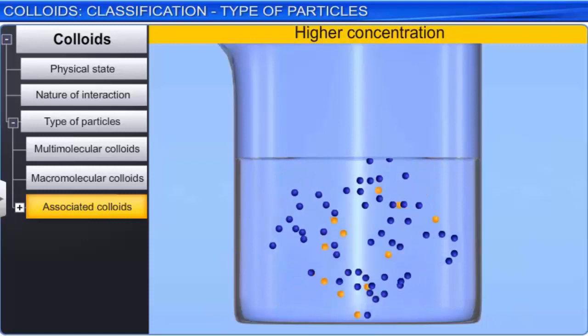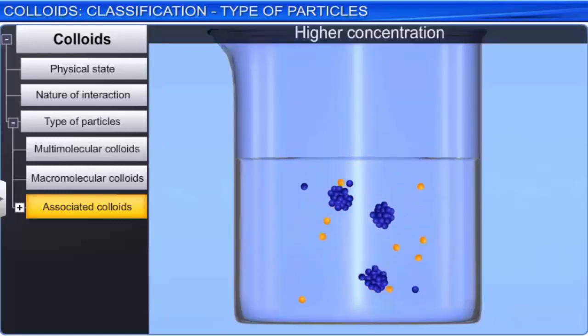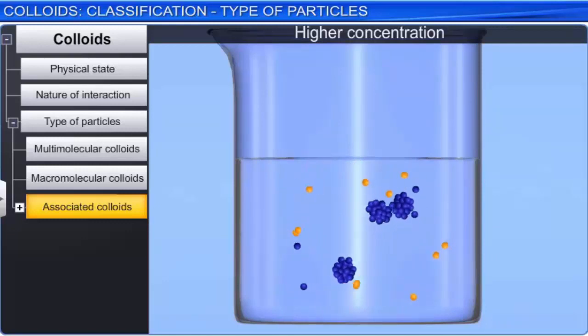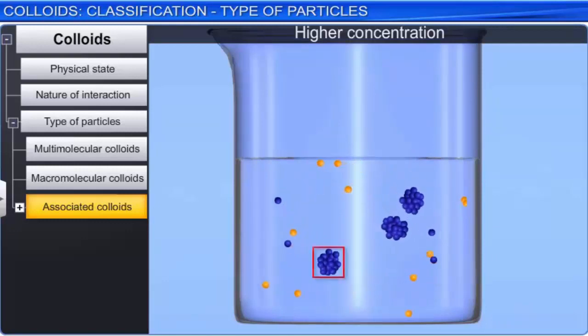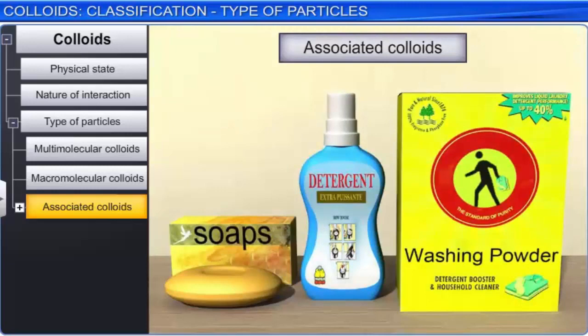Such aggregated particles are called micelles, and the colloid thus formed is called an aggregated or associated colloid. Surface active agents like soaps and detergents are examples of associated colloids. The formation of micelles depends upon two factors: the concentration of the dispersed phase and the temperature.